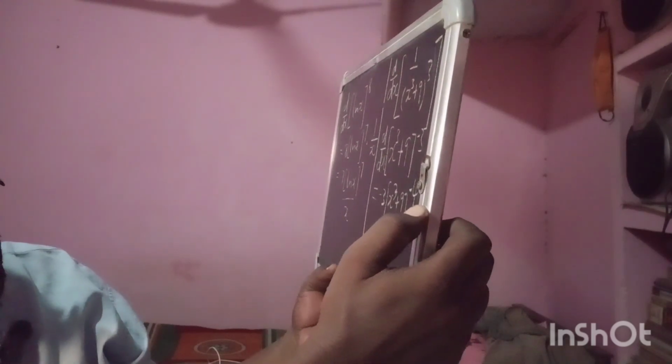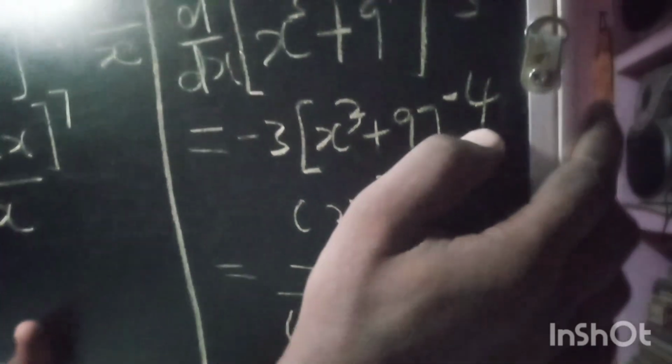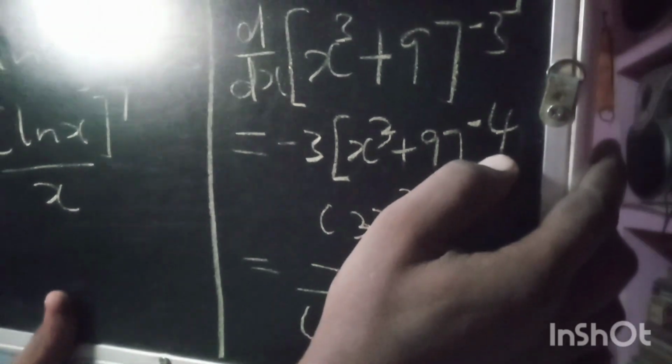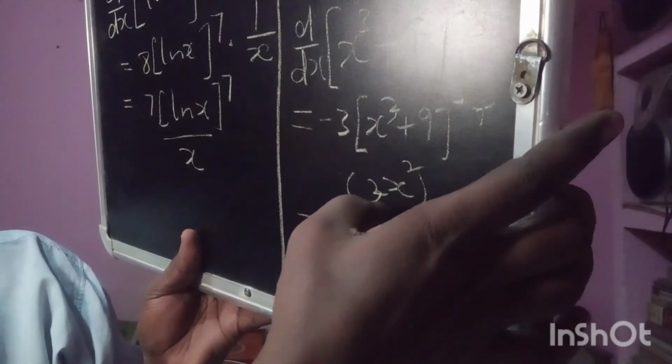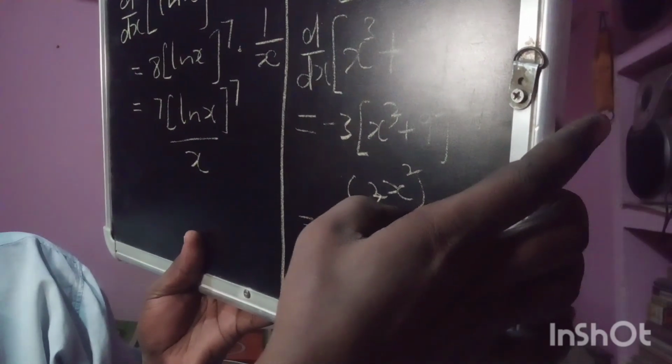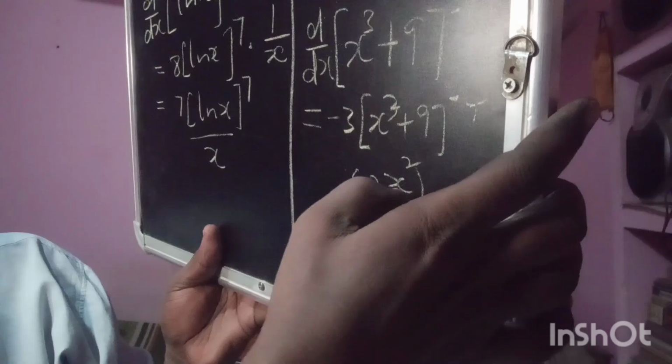So once we get this value, it means now we are going to bring this down again, because it's a minus, to the denominator side, whereas we multiply these two. So it will be minus 9x cubed, not 6. Here is a mistake. It will be minus 9x squared, actually.